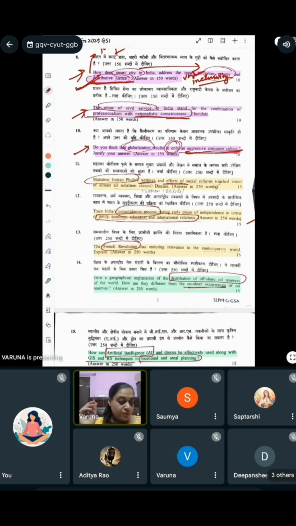Now, the next question was, do you think that globalization results in only an aggressive consumer culture? Justify your answer. Here, the focus should also be on the word only.